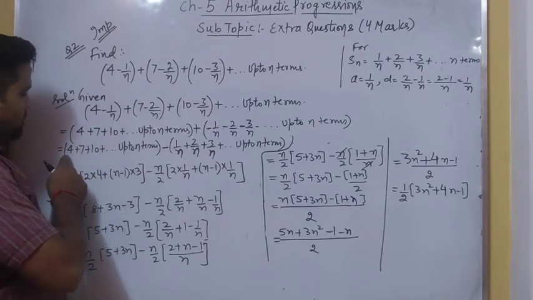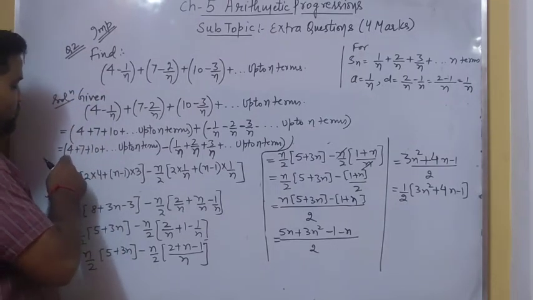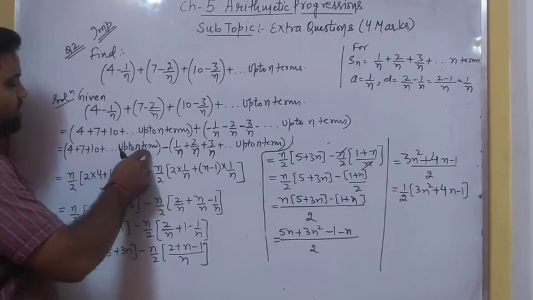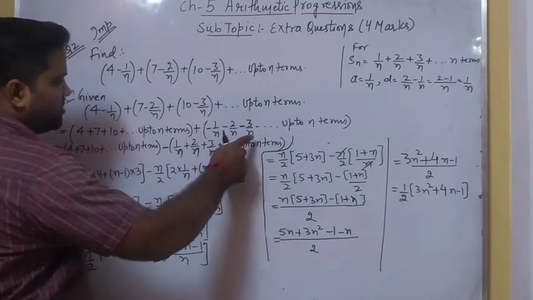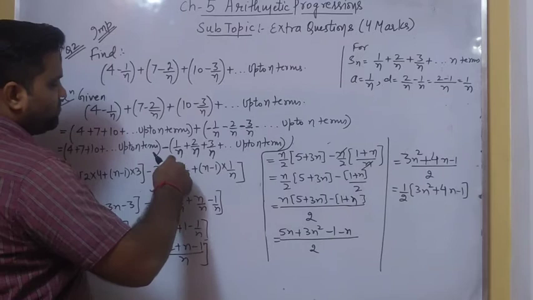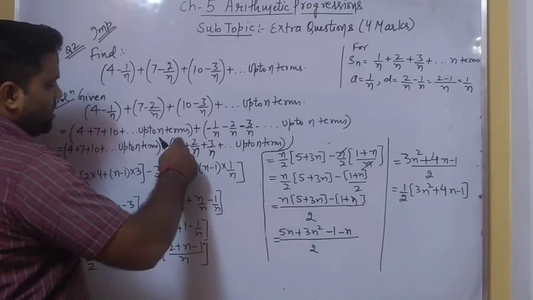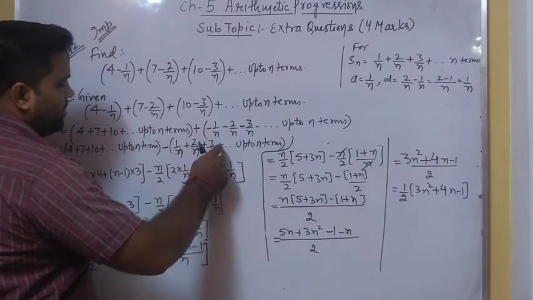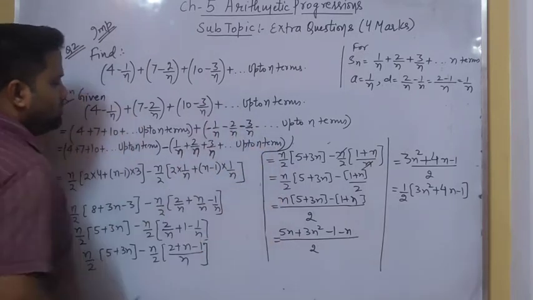Here in the next step, we have the series 4 plus 7 plus 10 plus up to n terms. In the other, on taking the minus sign common, we are left with a series which starts with 1 by n plus 2 by n plus 3 by n plus up to n terms.